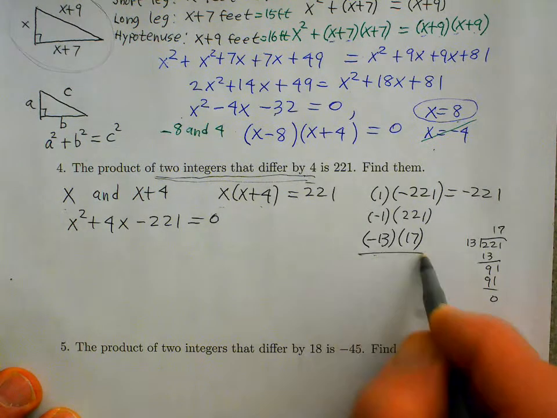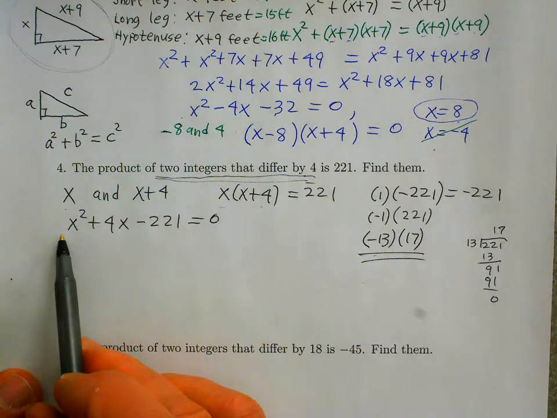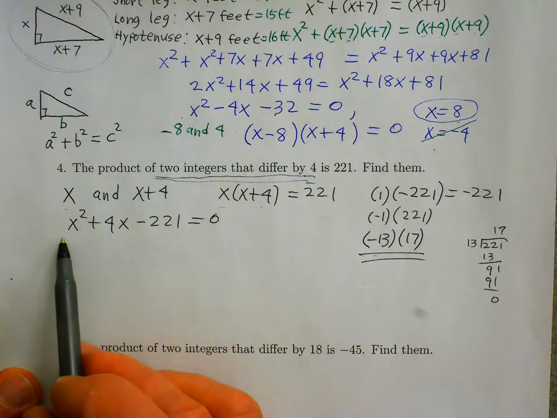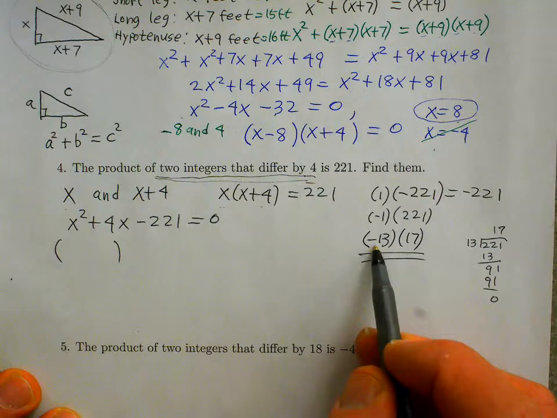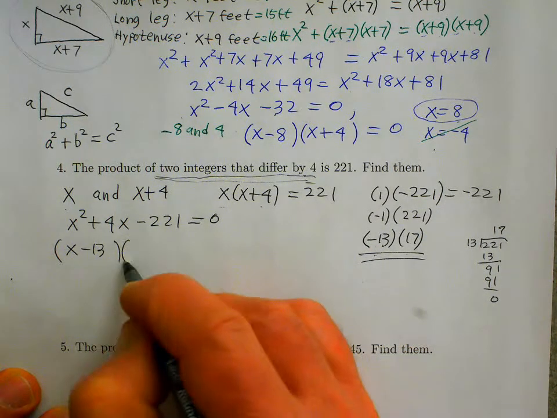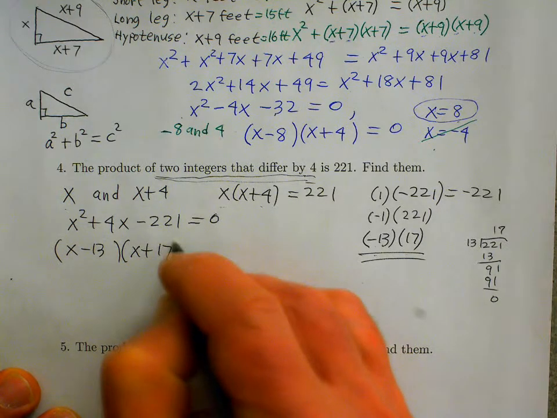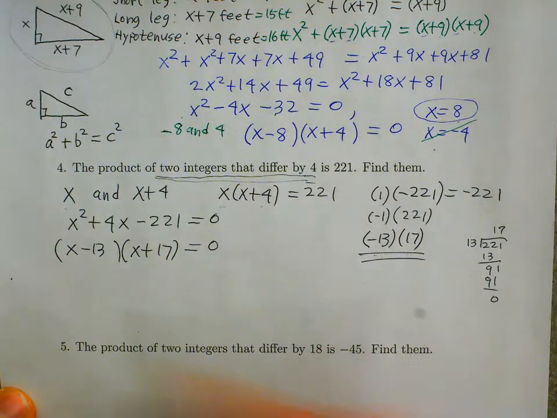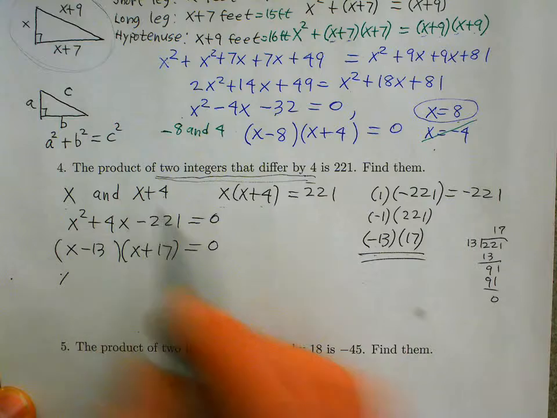Okay, so using those two integers, negative 13 and 17, remember the abbreviated AC method? Since the coefficient of x squared is 1, one of those numbers is negative 13, so I can write x minus 13. And for the other factor, I can write x plus 17. So we're going to get two pairs of solutions for the two integers that differ by 4.